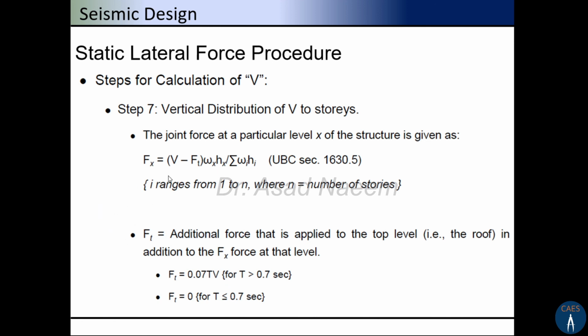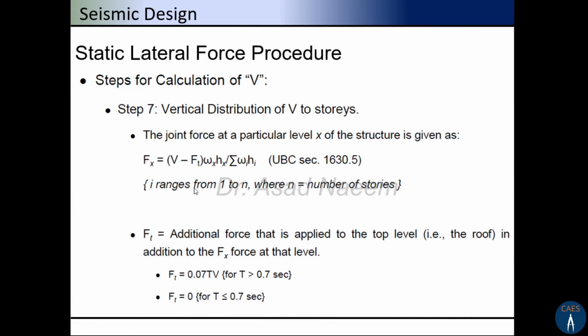This will represent the seismic forces for a future earthquake also. But in order to incorporate the effect of higher modes, we need to apply this Ft as an additional force at the top level.